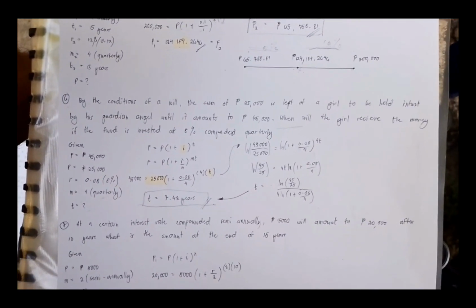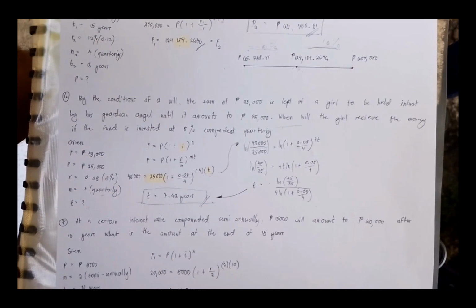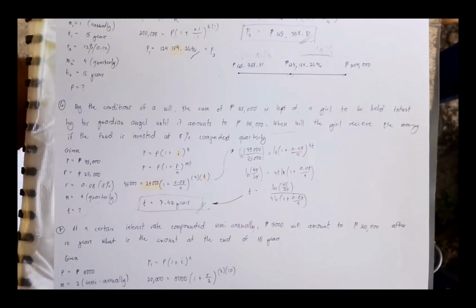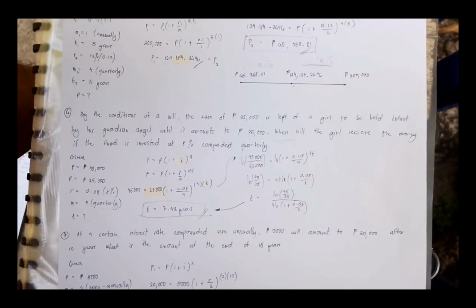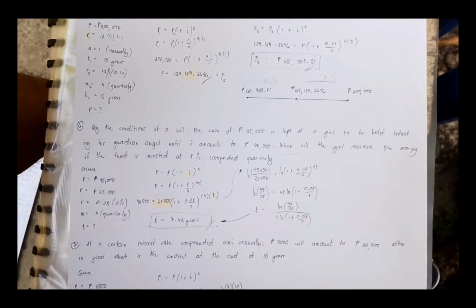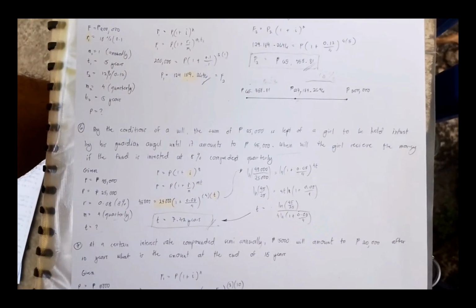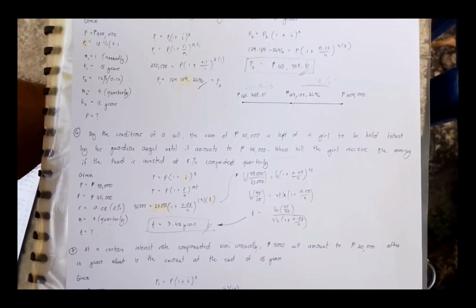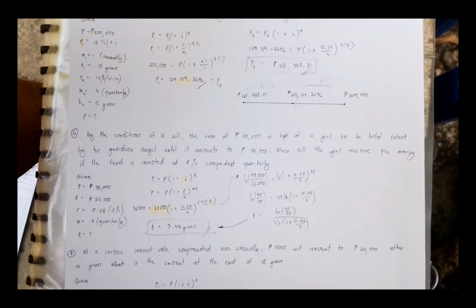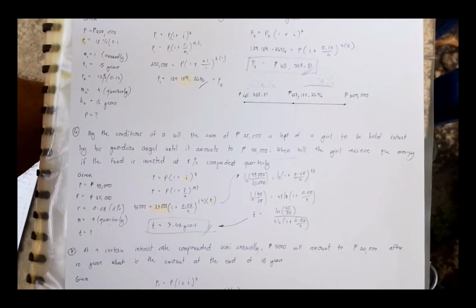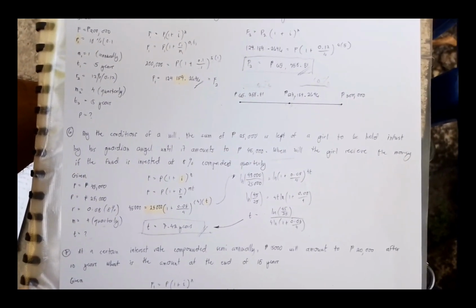So number 6. By the conditions of a will, the sum of 25,000 is kept for a girl, to be held in trust by her guardian angel until it amounts to 45,000. When will the girl receive the money if the fund is invested at 8% compounded quarterly? So first, identify the given.